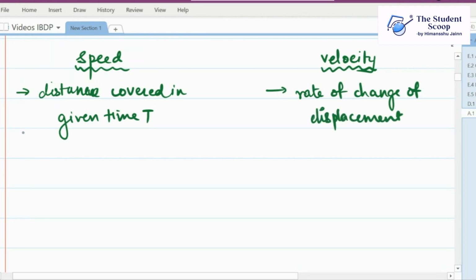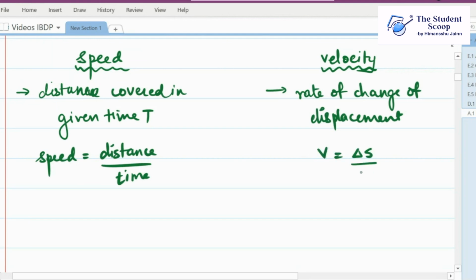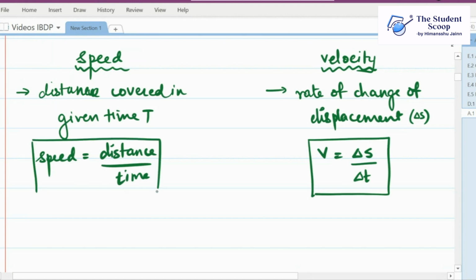For speed, we can write the formula: speed is equal to distance over time, while velocity can be written as the rate of change of displacement over time, so this is delta s over time. Both of those formulas are relevant, and the unit is meter per second.